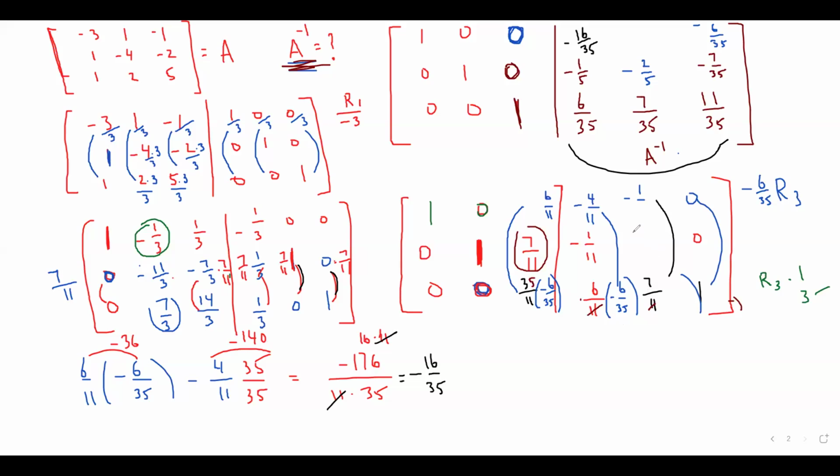So -16/35. Now I go upwards and I multiply these two numbers and add them with what's on the top. Oh, what was on the top? I think I accidentally erased a part of the fraction that I needed. So what was there?